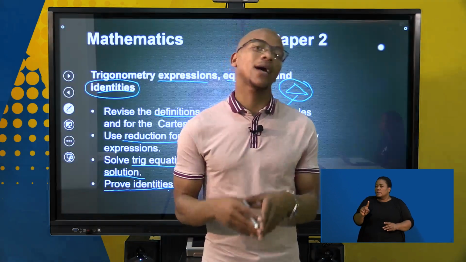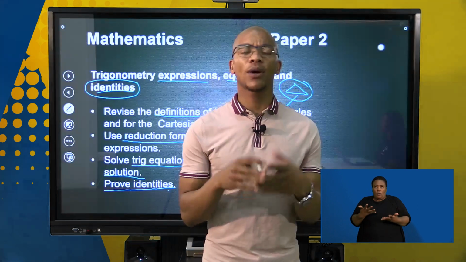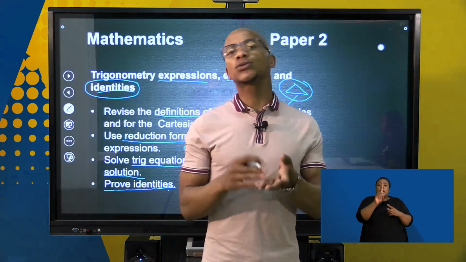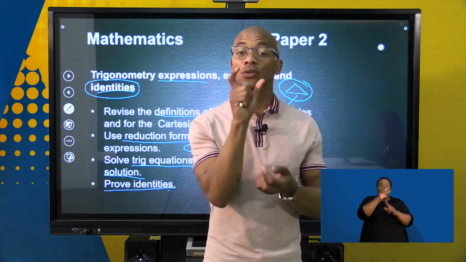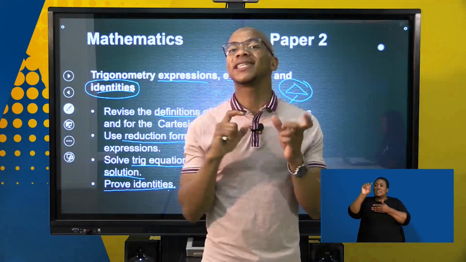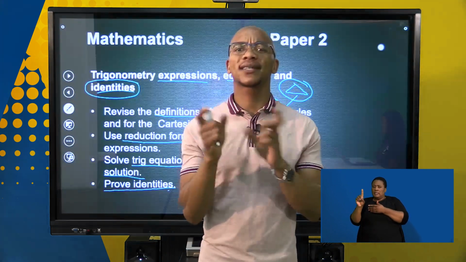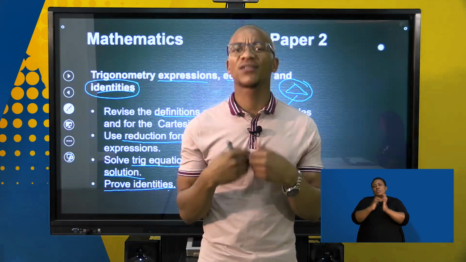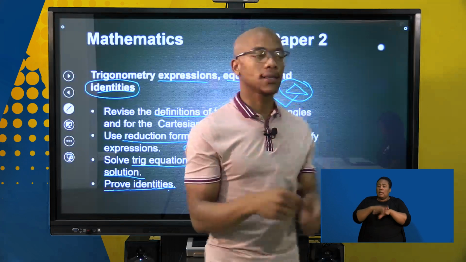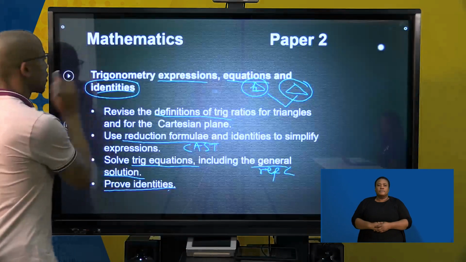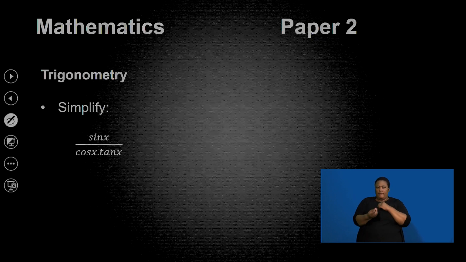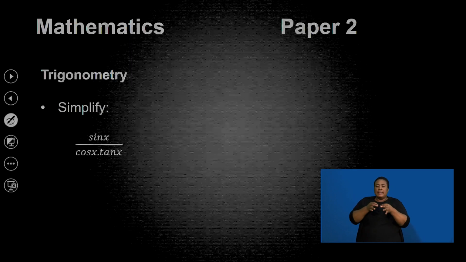You need to know how to manipulate. If maybe you have sine as the dominant ratio, you need to try and change the cos, but make sure that it's cos squared theta in order for you to use an identity. Those are just a few examples that I can throw out there for you to please remember, especially when solving identities. Then we're going to look at a specific question where I'm going to try and explain these concepts that I've just mentioned.